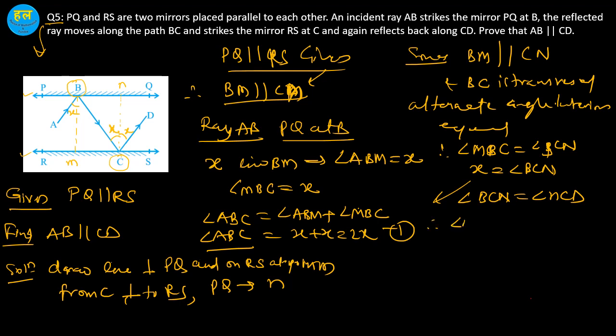Therefore angle BCD becomes angle BCN plus angle NCD, which is equal to x plus x. So angle BCD becomes 2x.